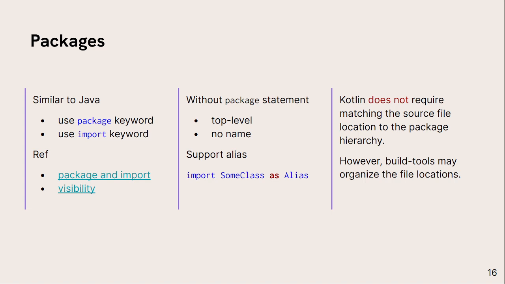For example, suppose we have package1.package2.Class. That means the class file should be organized in the subdirectories package1 and package2.